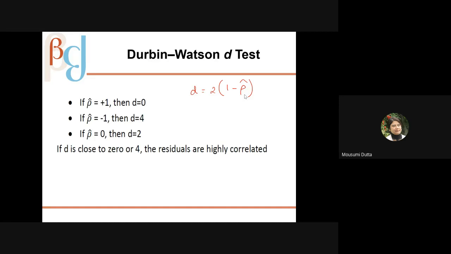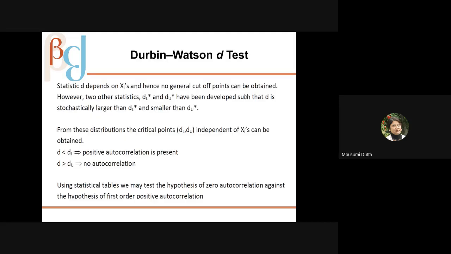So if D is close to the value 2, in that case, no correlation. If it is close to either 0 or 4, in that case, high correlation.